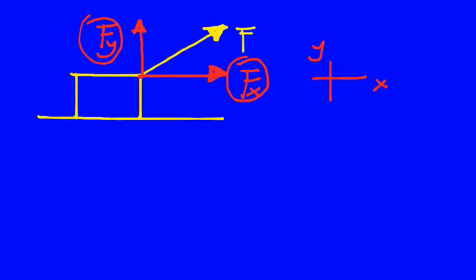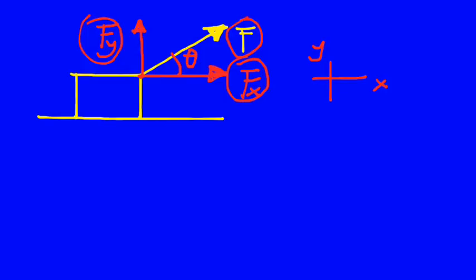To get the magnitude of the components, what we need, of course, is an angle. So let's suppose we have an angle here. Let's call this angle theta. This is the angle between the original force F and the horizontal axis.